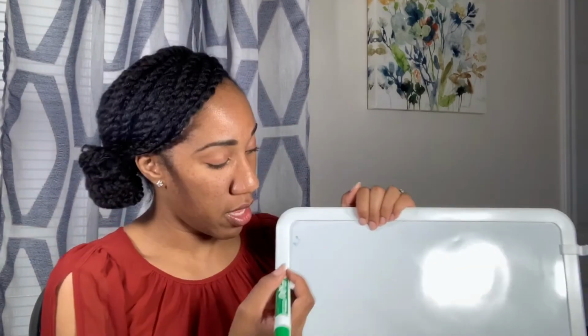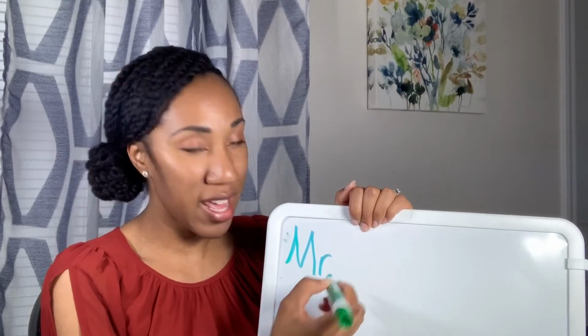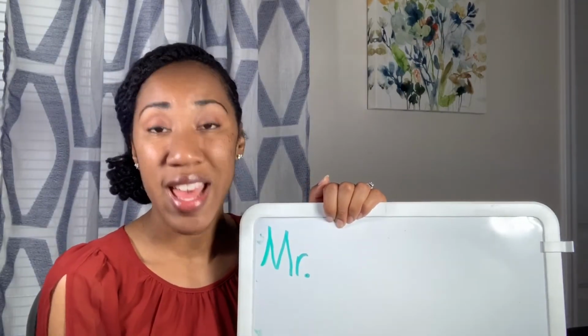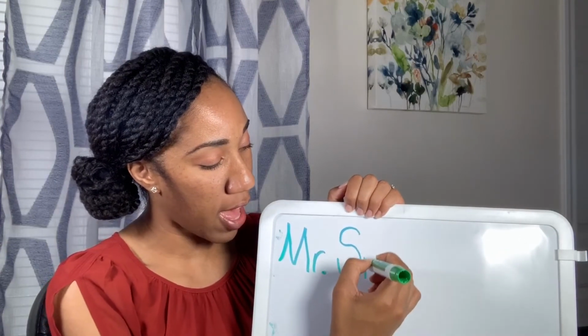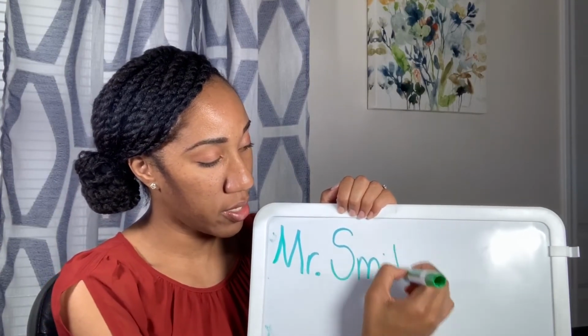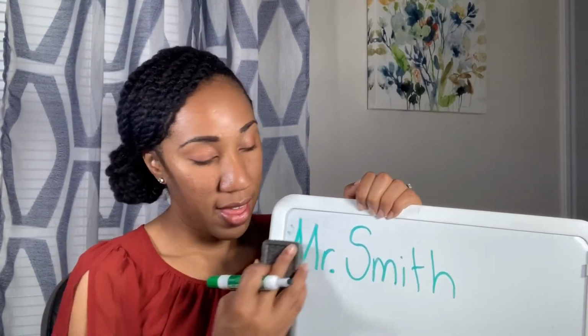For Mr. Smith, you should have had capital M, R, period. That is the abbreviation for Mr. And Smith, since it's a proper noun, should have a capital S, M, I, T, H. Mr. Smith. Okay? After Mr. Smith, you should have had Dr. Brown.